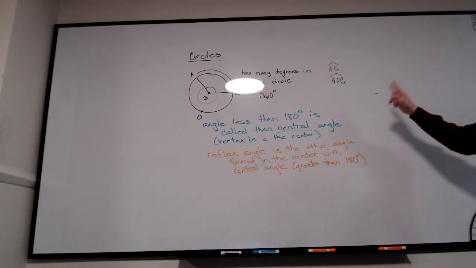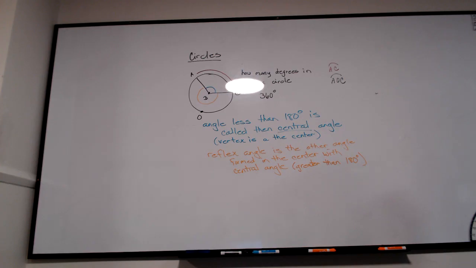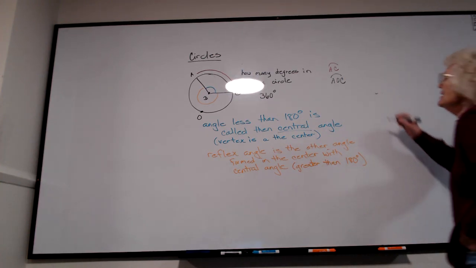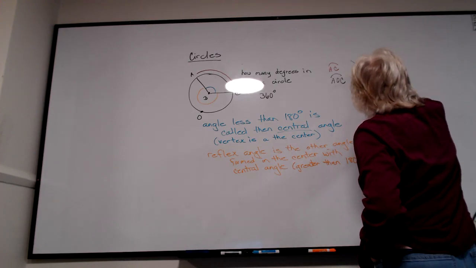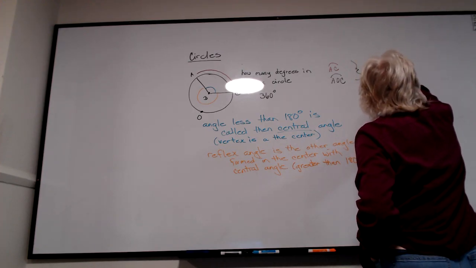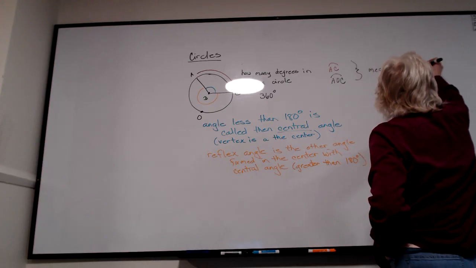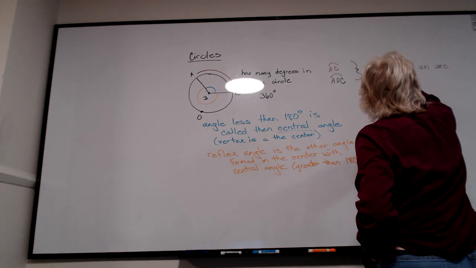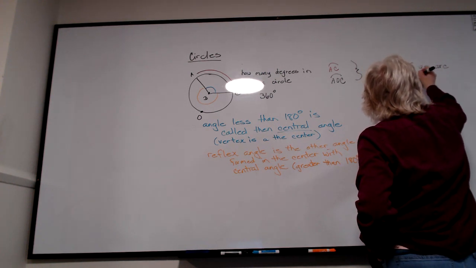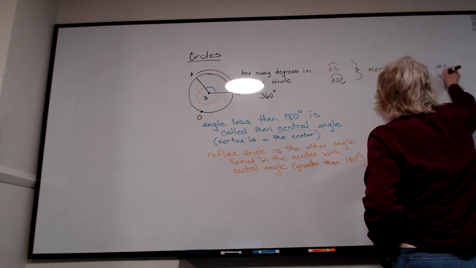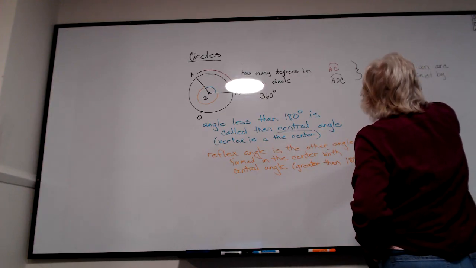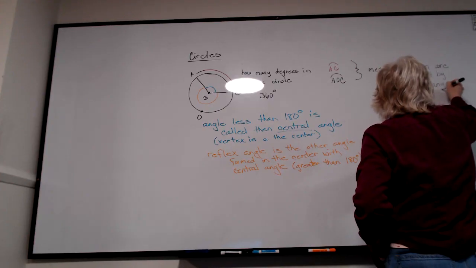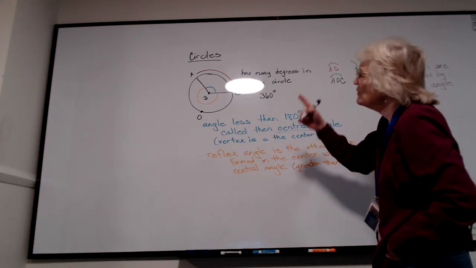So the measure of an arc is determined by its central angle, or the angle formed.